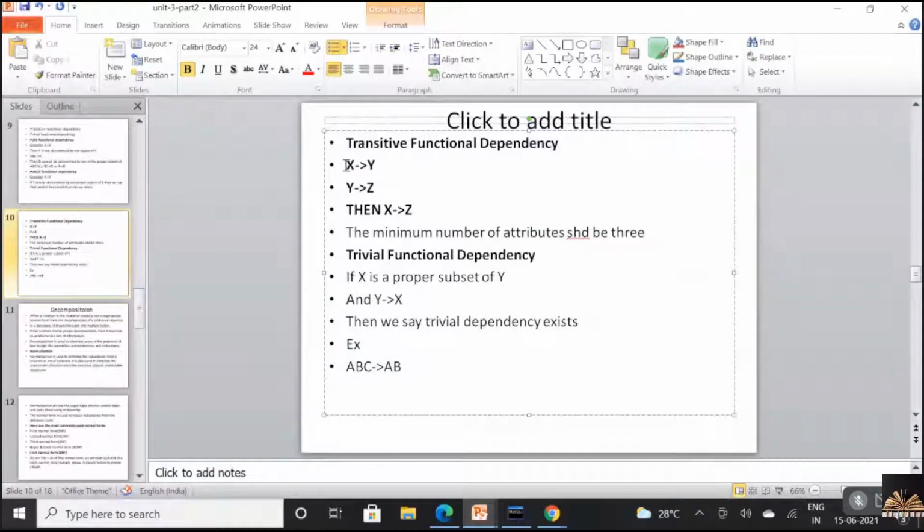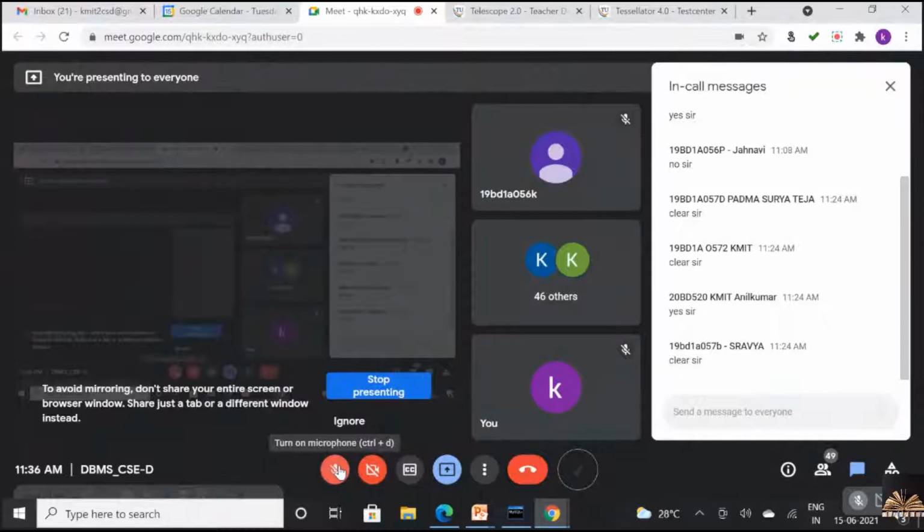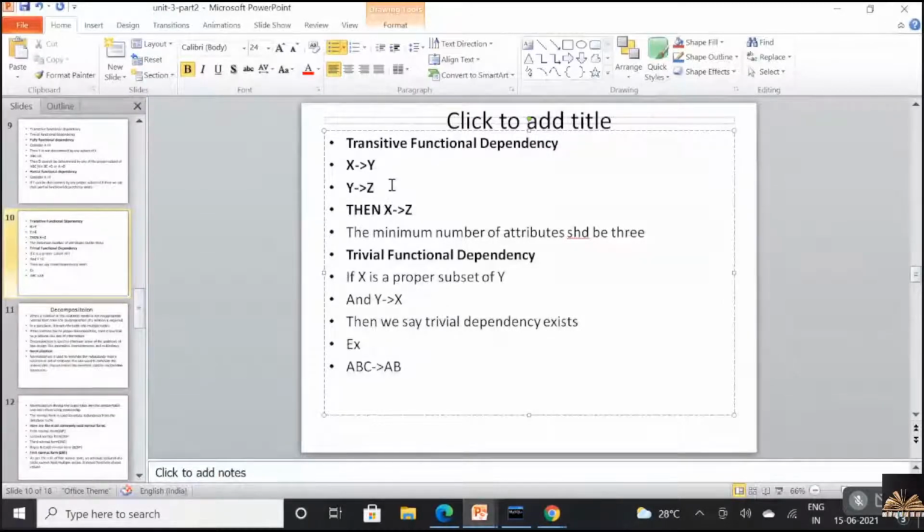Then, using these two FDs, indirectly I can say X implies Z. So if these kinds of FDs exist, through which indirectly I can frame one more functional dependency using the existing functional dependencies, then it is the concept of transitive functional dependency.